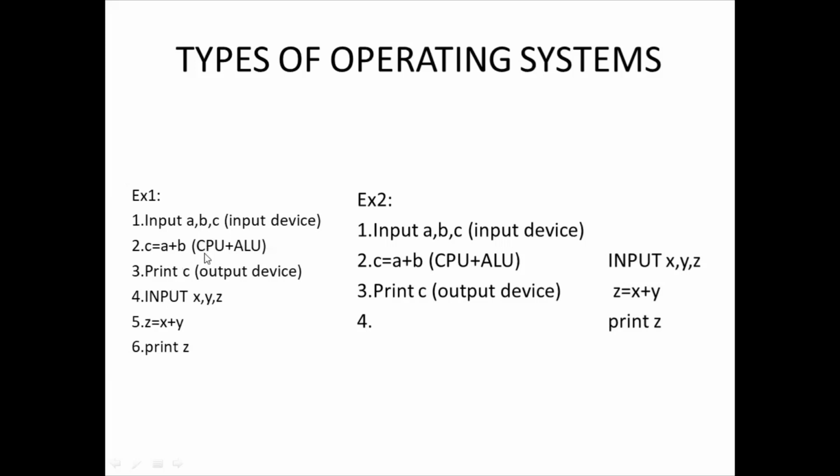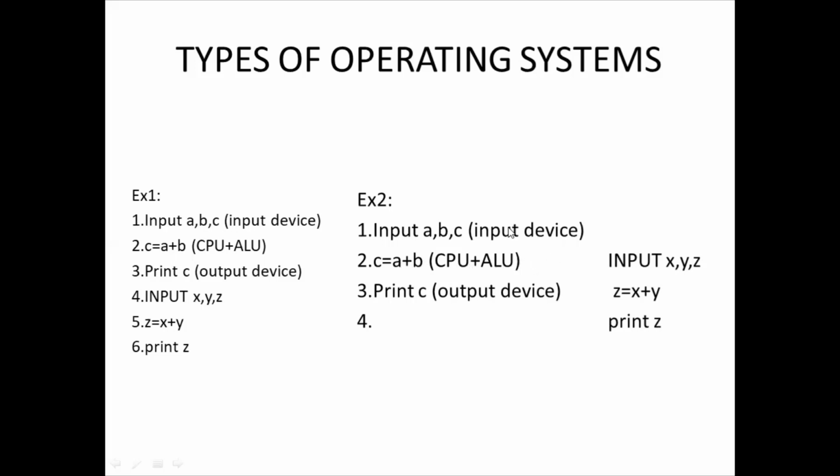Now the same example written in another manner will show how the CPU idle time is reduced. First, input A, B, C, where the input device is busy. Then C equals A plus B, where the processor is busy.